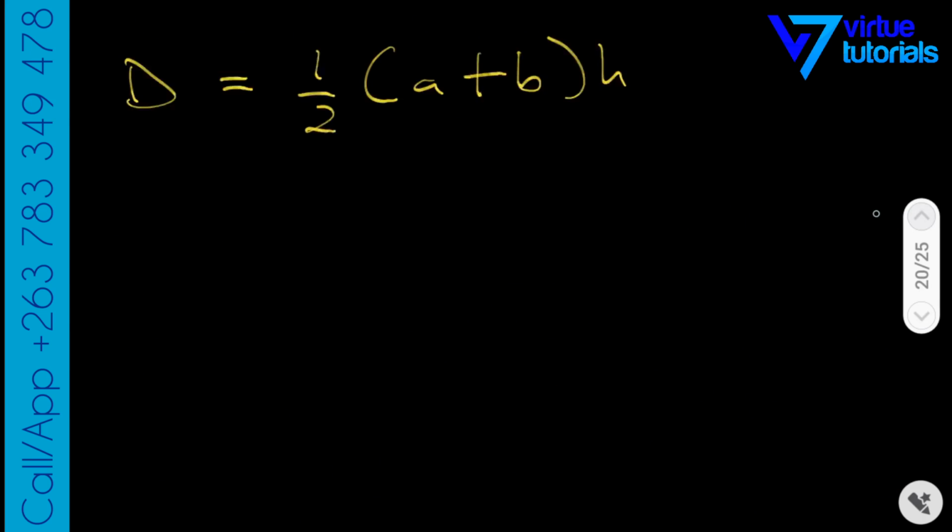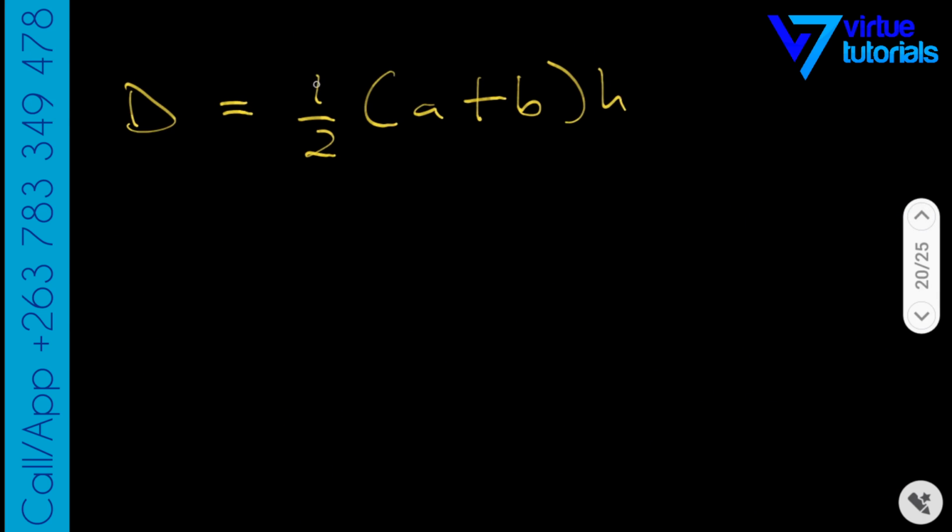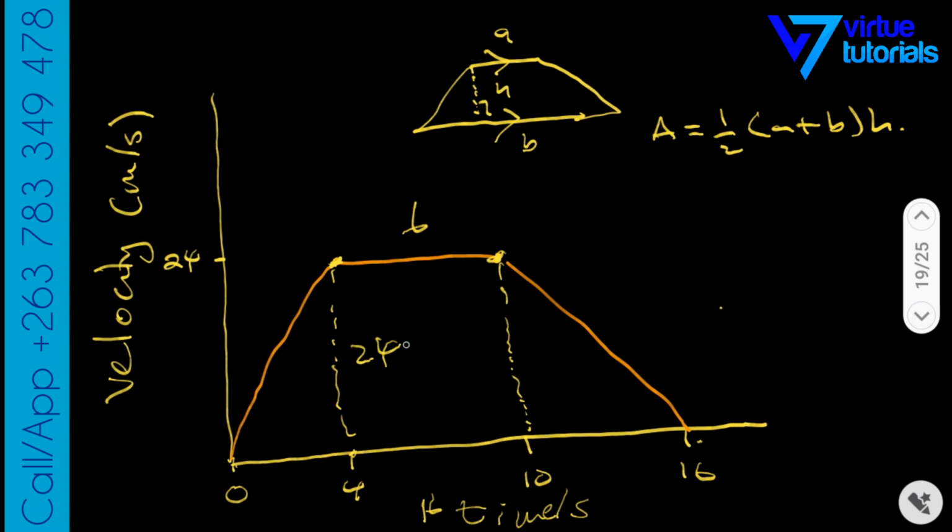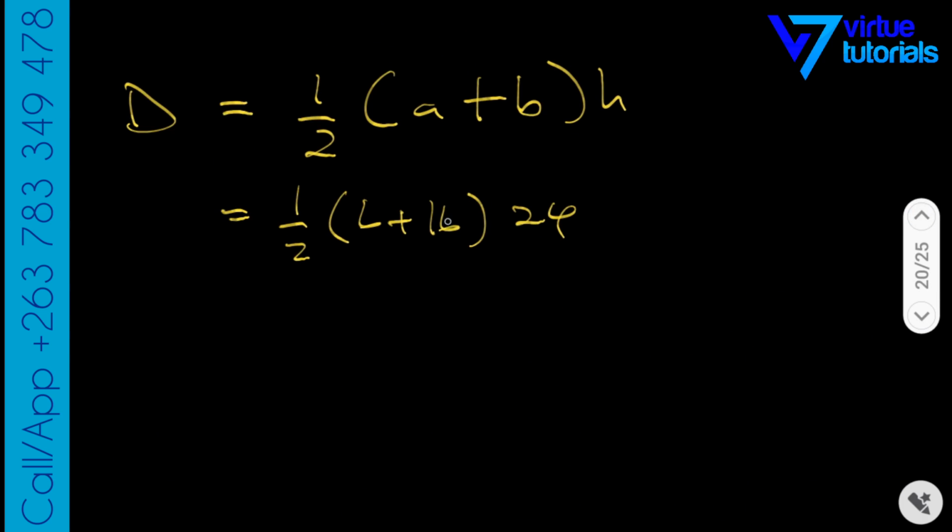So if I plug that in, my distance is going to be half of A plus B times H. I'm using the area of a trapezium, which is half of 6 plus 16 times 24. These are the figures that I got earlier on. So it's going to be half of 6 plus 16 times 24. 6 plus 16 is going to give you 22.